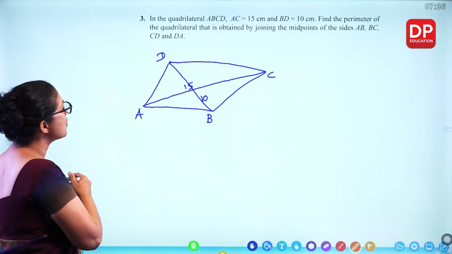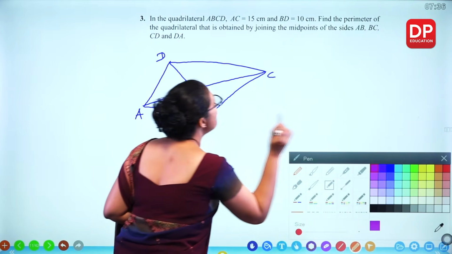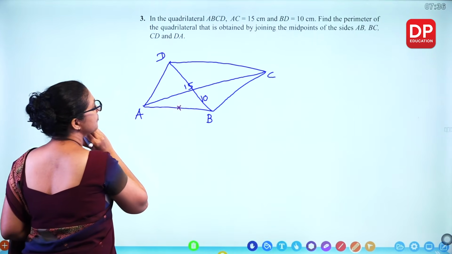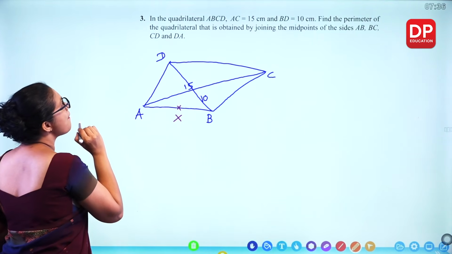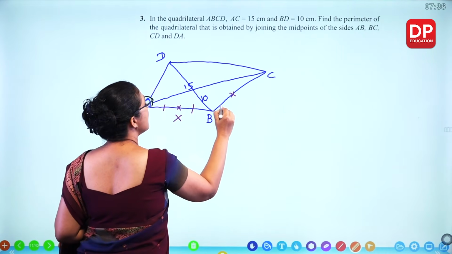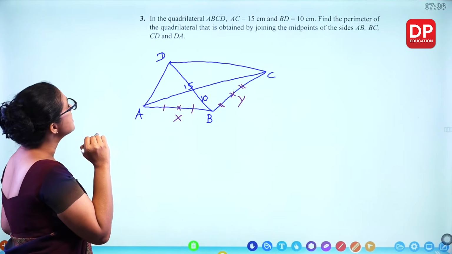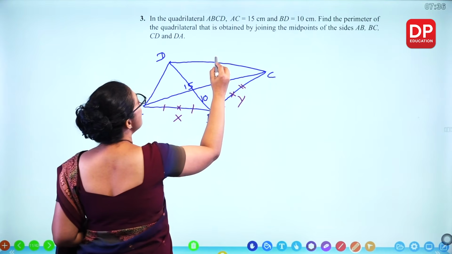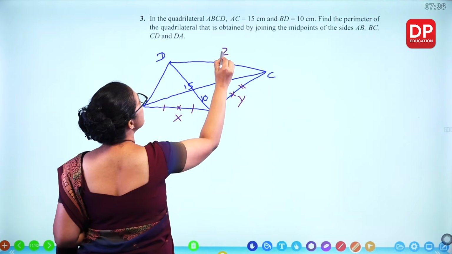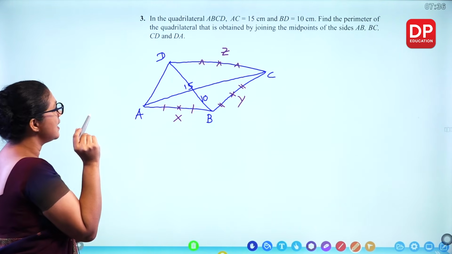Find the perimeter of the quadrilateral that is obtained by joining the midpoints of the sides AB, BC, we put Y here, CD, and DA.